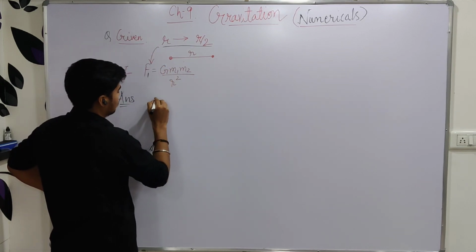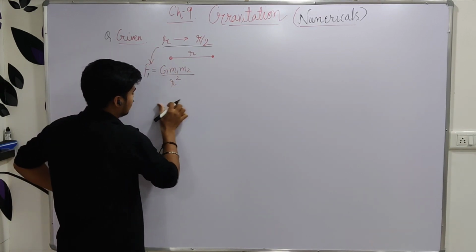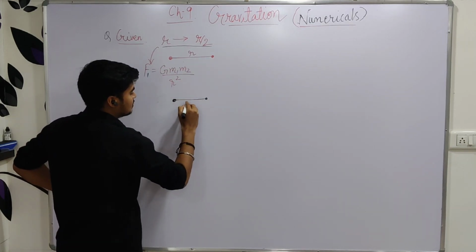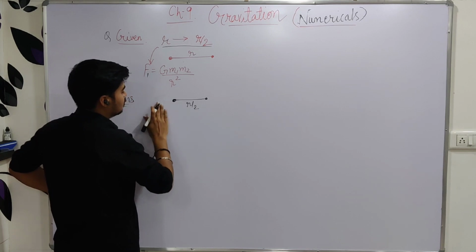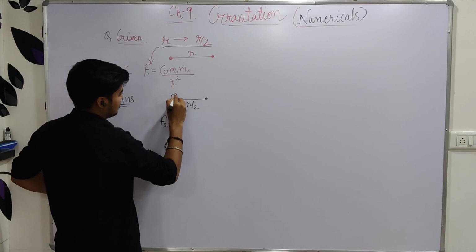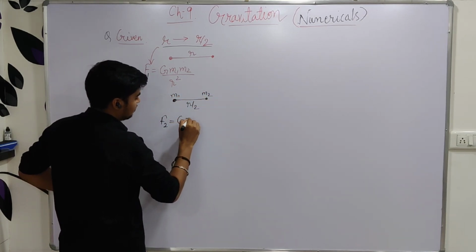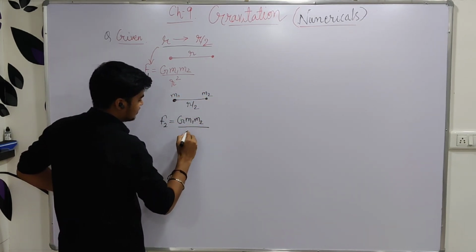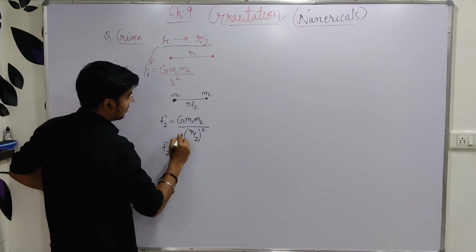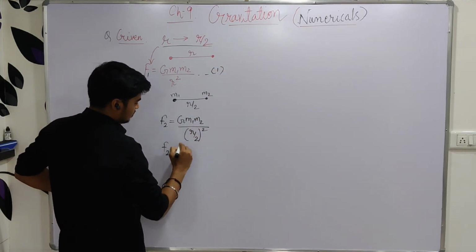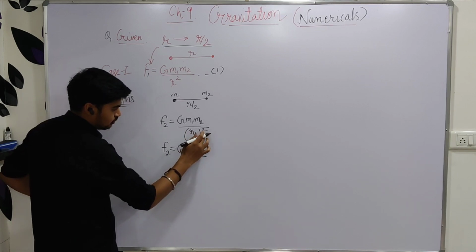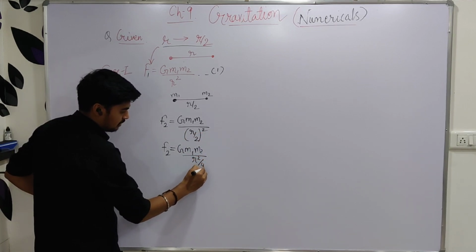We can call this as F1. So in F2, as it is said that if the distance is half, initially if it was r, then it is converted to half. So what will be the force? Apply the formula again. F2 we will call the force between these masses m1 and m2. Again, G m1 m2 as masses are same, but the distance is r by 2 now square. So F2 is equal to G m1 m2 upon, देखो, r by 2 whole square, r square divided by 4.